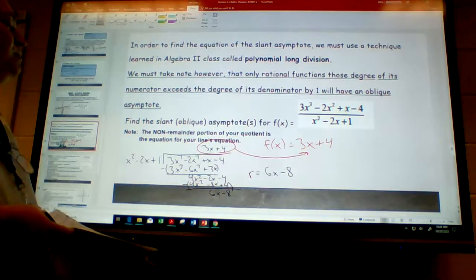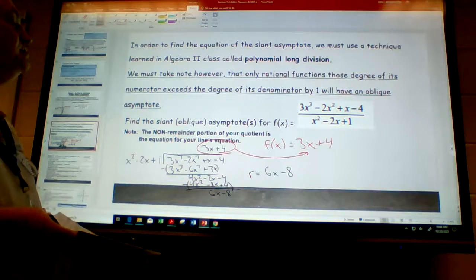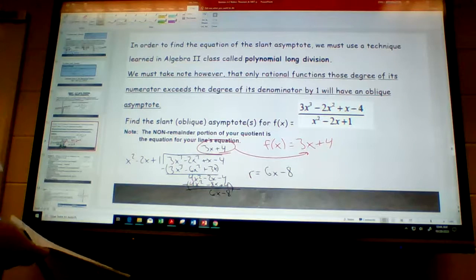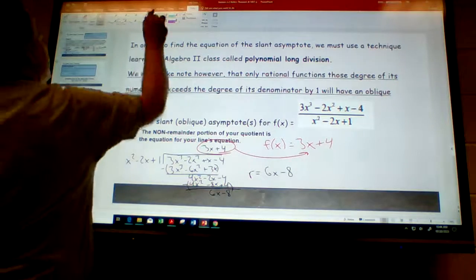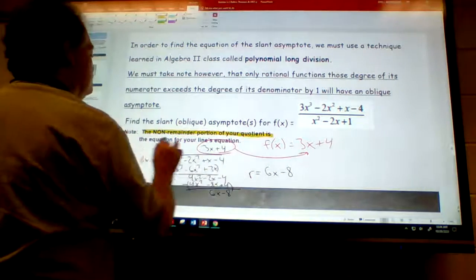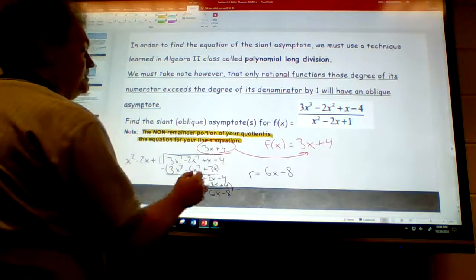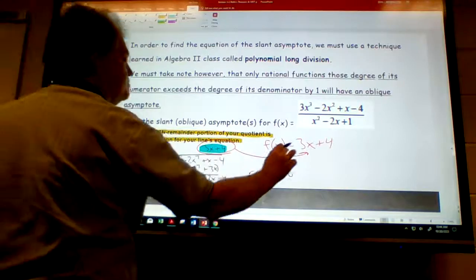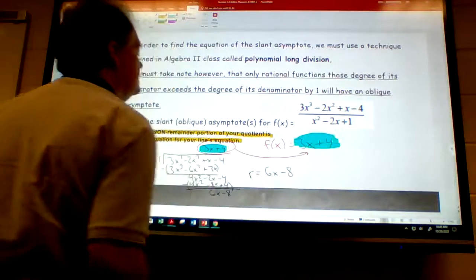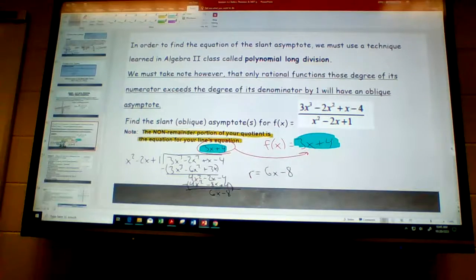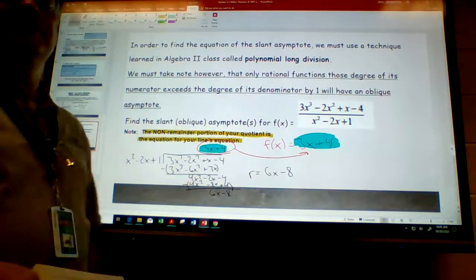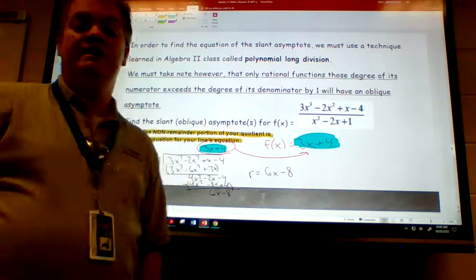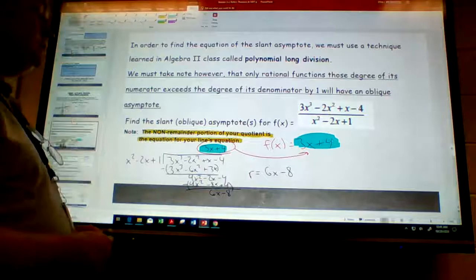You end up with, and you can see all the work here, 3x plus 4. Now, only the non-remainder portion of the quotient is your line's equation. So that's this part right there. This part is your slant asymptote. If you have questions on how to do long division, let me know. We'll talk about it here in class or on a Google Meet.